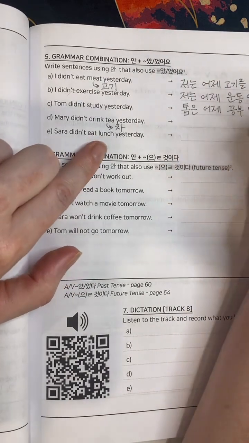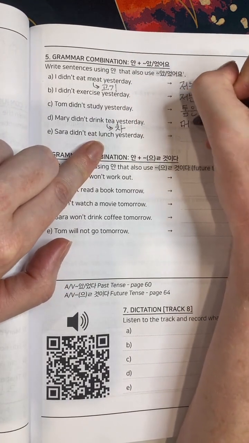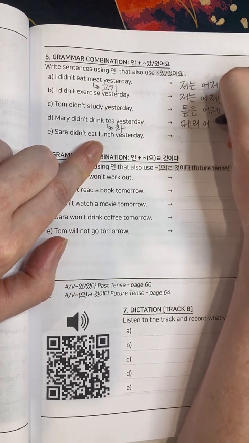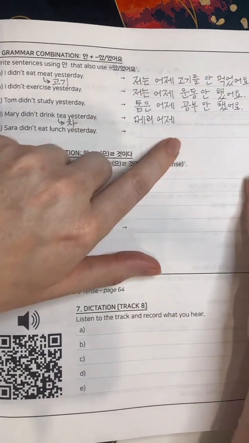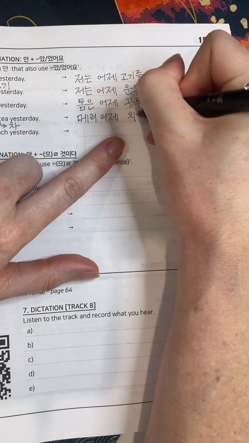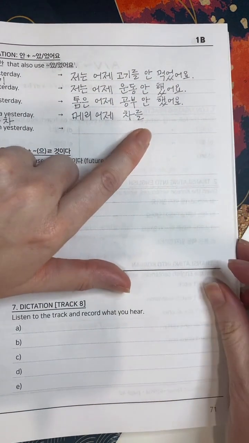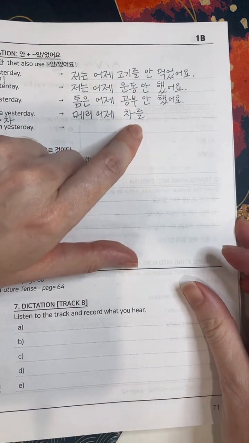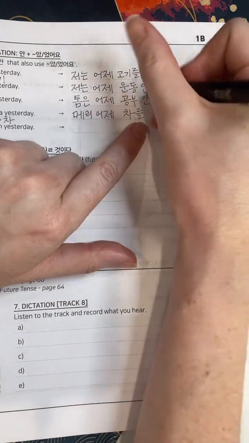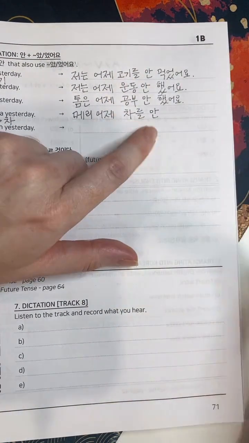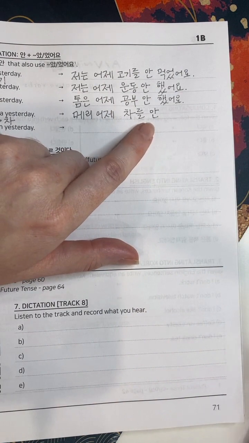So Mary didn't drink tea yesterday. Mary는 어제 차를, how do we say I didn't drink something? Well, we have 안, right? That means didn't.